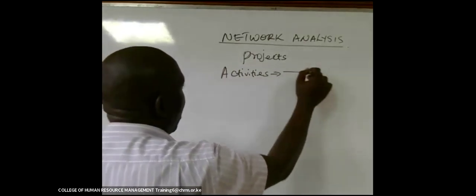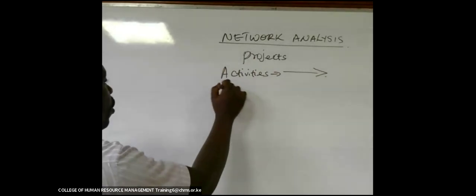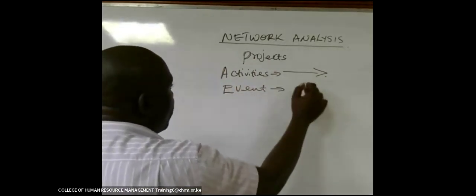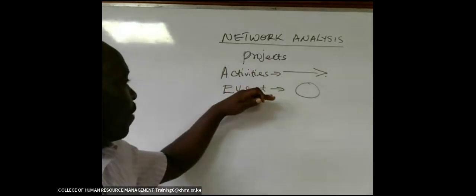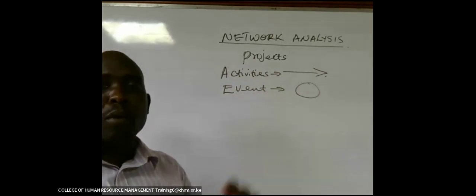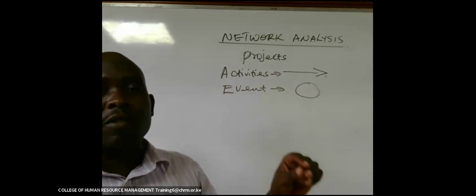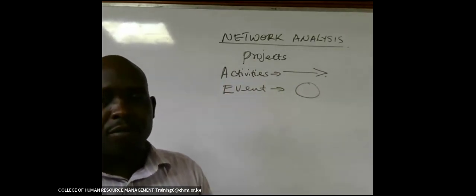So here we have a combination of activities represented by an arrow. We also have what we call events, which are represented by circles. The event is the point in time where either an activity is starting or an activity is coming to an end.